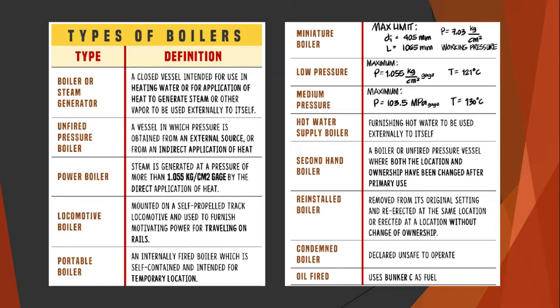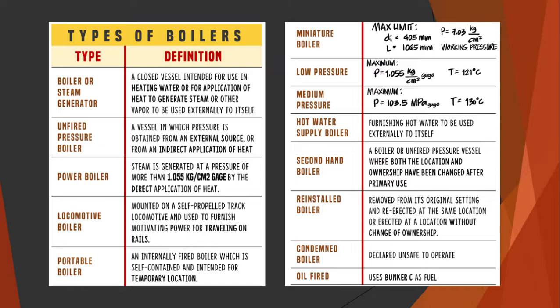Low pressure, maximum of 1.055 kg per centimeter square gauge, and the temperature is 121 Celsius. Medium pressure, maximum is 103.5 megapascal gauge, and the temperature is 130 Celsius.